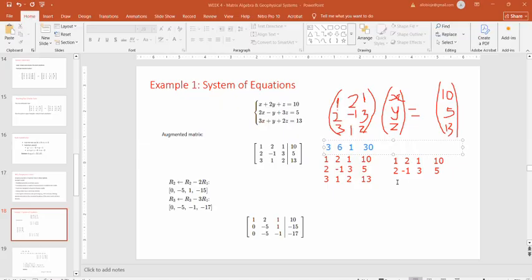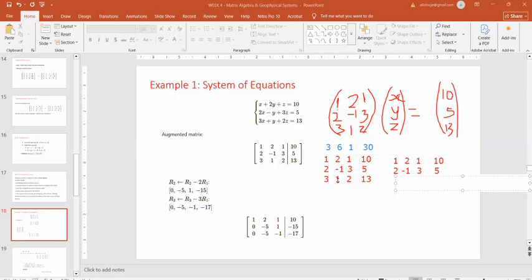So now the new row 3 becomes, let's subtract, this is row 3 minus row 1 multiplied by 3.